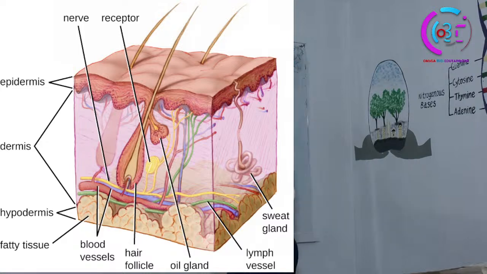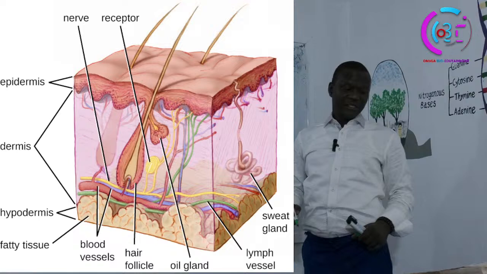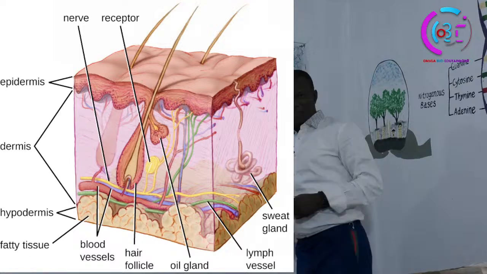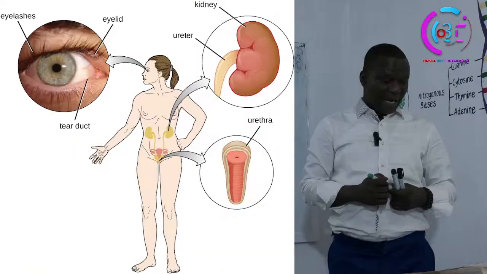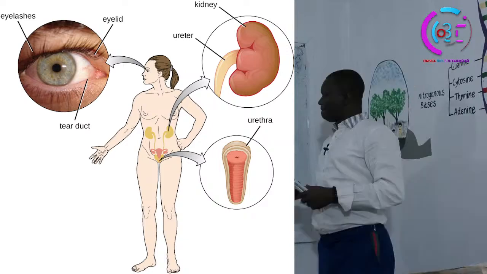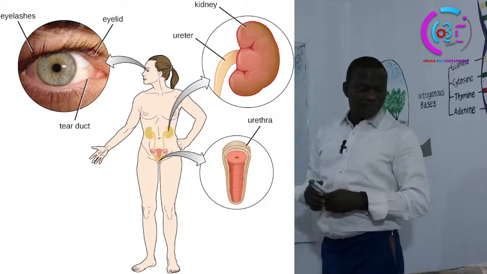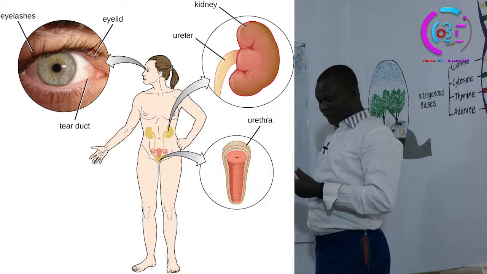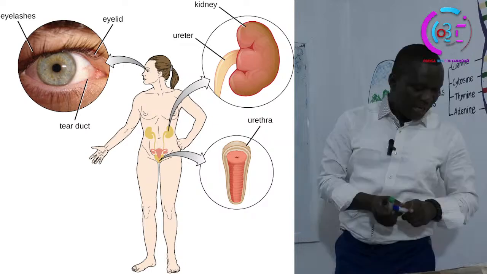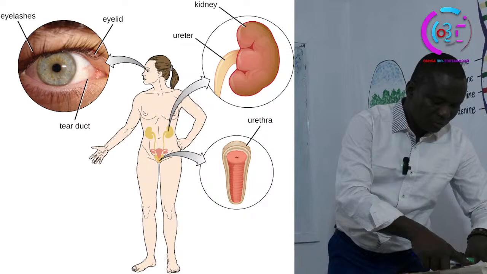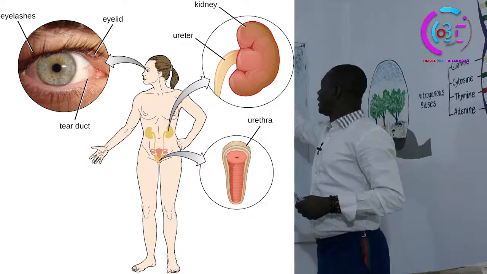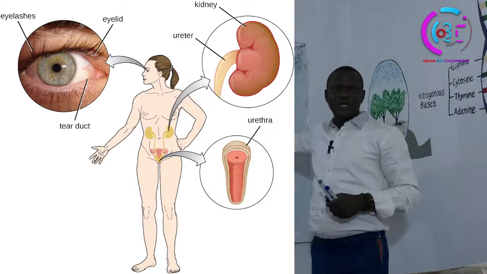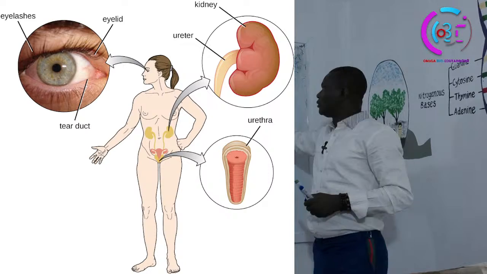Then the next one is chemical in nature, a chemical barrier, and this is the one put up by tears. You will discover that the human eye is continuously armed with tears, water, to wipe away any kind of disturbance. The tears contain some hydrolytic enzyme that will degrade some microorganisms.